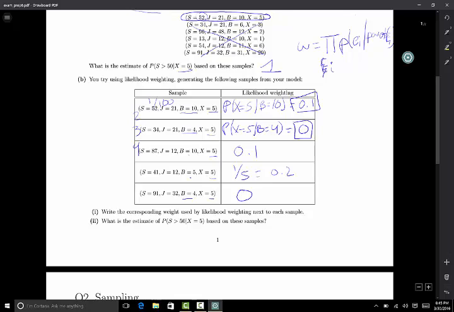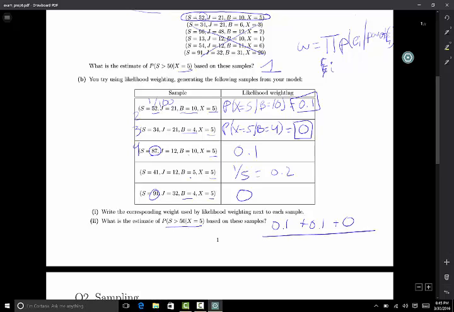To figure out what the estimate of our query is, based on these samples, you add up the weights of the samples where s is greater than 50 and divide by the sum of all weights. So we have s equals 52 with weight 0.1, and s equals 87 with weight 0.1, and s equals 91 with weight 0.